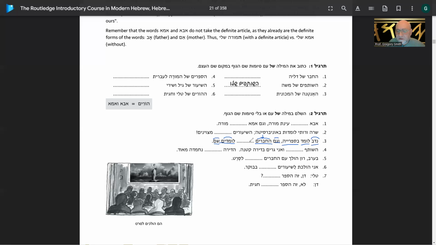I bet you it's going to be shel O. It's a vav, and you don't see the dot, but if you had the vowel pointing, there would be a dot on top. Shel O. So it's like his friends are studying there. I think it's going to be shel O. Let's see.